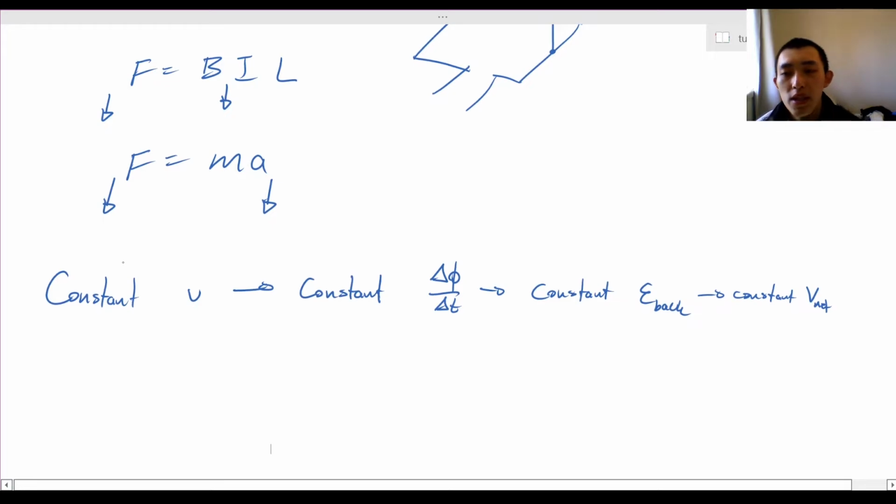Now, that's if we want a constant back EMF. But we don't want a constant back EMF. We know that EMF is increasing. We want an increasing back EMF. So we have an increasing velocity of rotation, which is just acceleration.